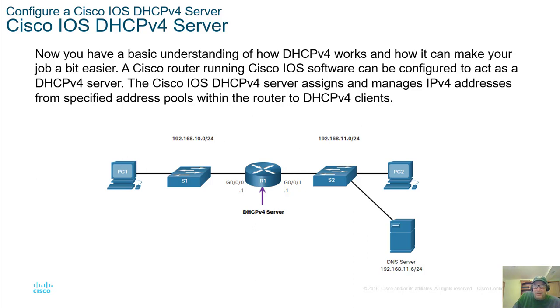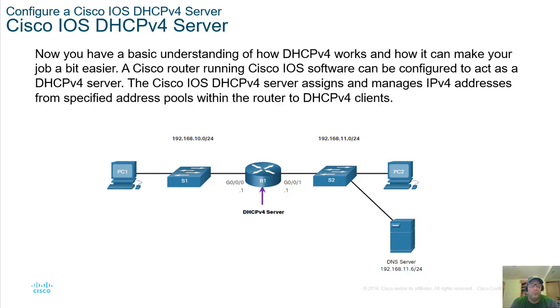This particular router could have 2 DHCP, what are called pools. And a DHCP pool is just a block of attributes that go for a particular network. So you could have a pool for the 192.168.10.0 network on the left, and then another pool for the 192.168.11.0 network on the right.